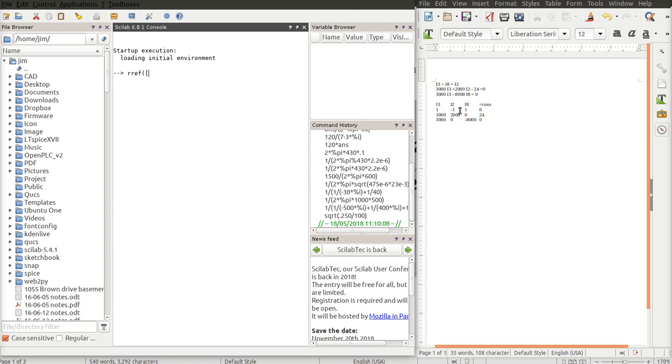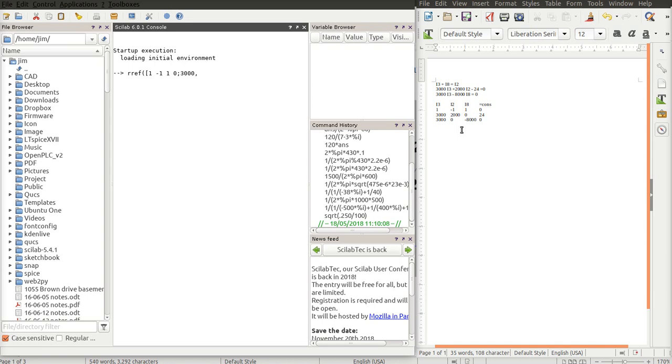So my first row of coefficients is 1. You can use a comma or you can use a space. Minus 1, space, 1, space, 0, semicolon. When you get to the end of the row, you put a semicolon. So now I can start the second row.